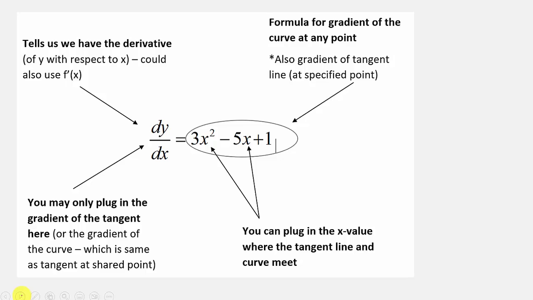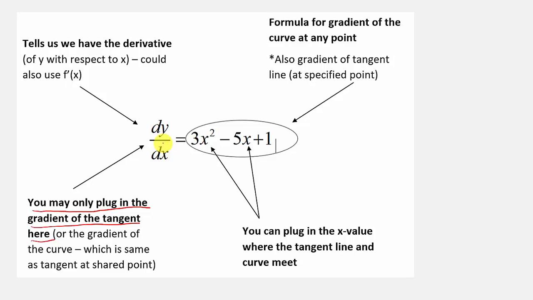Okay, on these last 2 pages of your notes, I just gave you some information that's going to be really important. Things to remember is that you can only plug in the gradient of the tangent to the dy/dx. You can never put in the slope of the normal here, only the slope of the tangent, which is the same as the slope of the curve at that point, okay?